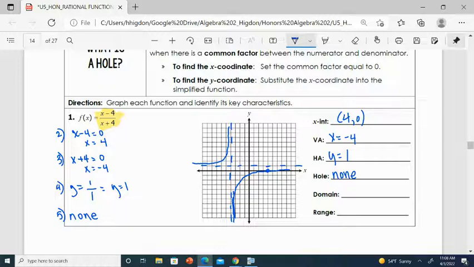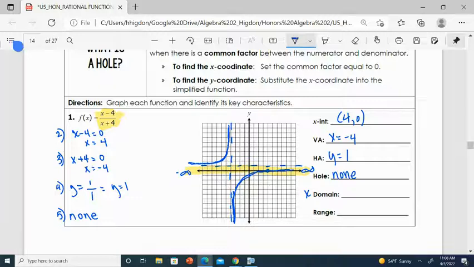Now I want to look at domain and range. For the domain, remember that the domain is your set of x's. So I'm going to highlight my x-axis here. Your domain goes from negative infinity to positive infinity, so we're going to go left to right on the graph. As I follow the function left to right, I have to pick up my pencil at that vertical asymptote and then come down here to the bottom to continue following along with that function.